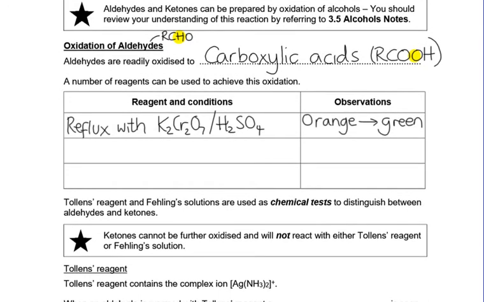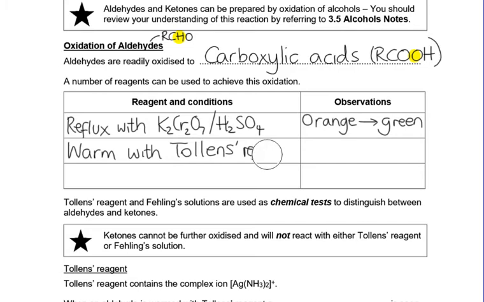The next reagent that you could use, and this is actually a test, so if you look back in your organic analysis pack, you can look at the tests. You could warm your aldehyde in a water bath with Tollens' reagent. Remembering that Tollens' reagent is a complex of ammoniacal silver nitrate, so it's got silver ions in there.